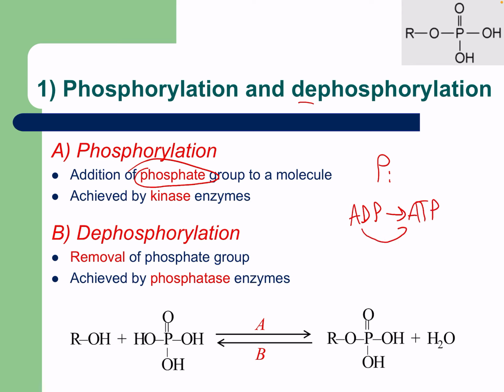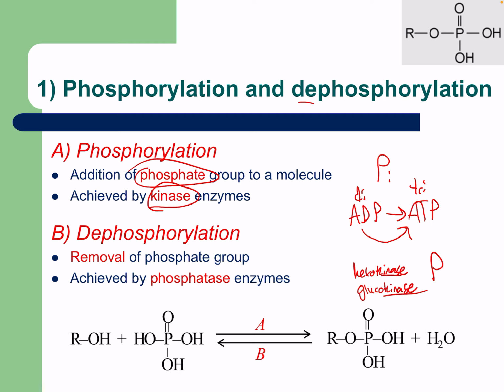This is being phosphorylated, the addition, so we're going from diphosphate to triphosphate. These are achieved by kinases. So when you see kinase, this involves phosphorylation. In glycolysis, we'll see something called hexokinase, for example, or glucokinase. Now we know that these kinases are going to involve our phosphates.